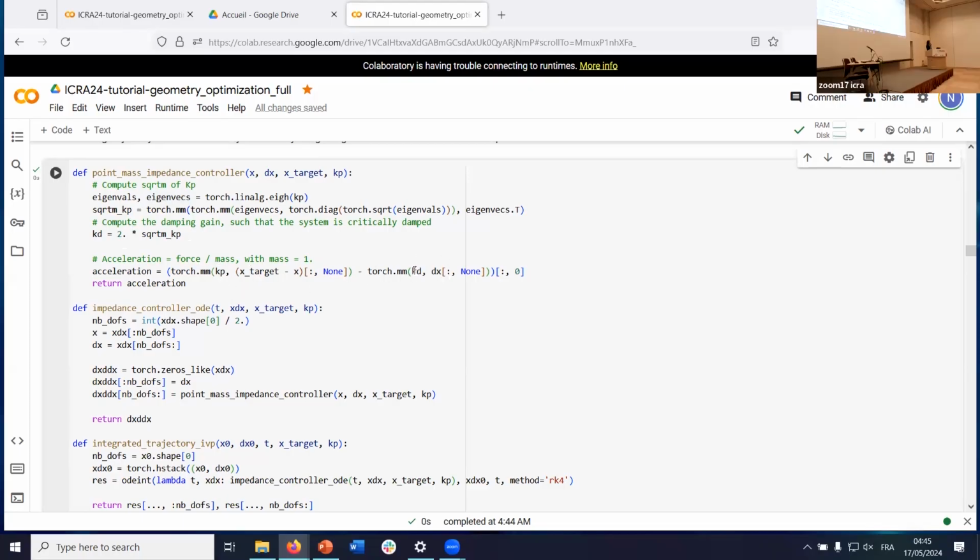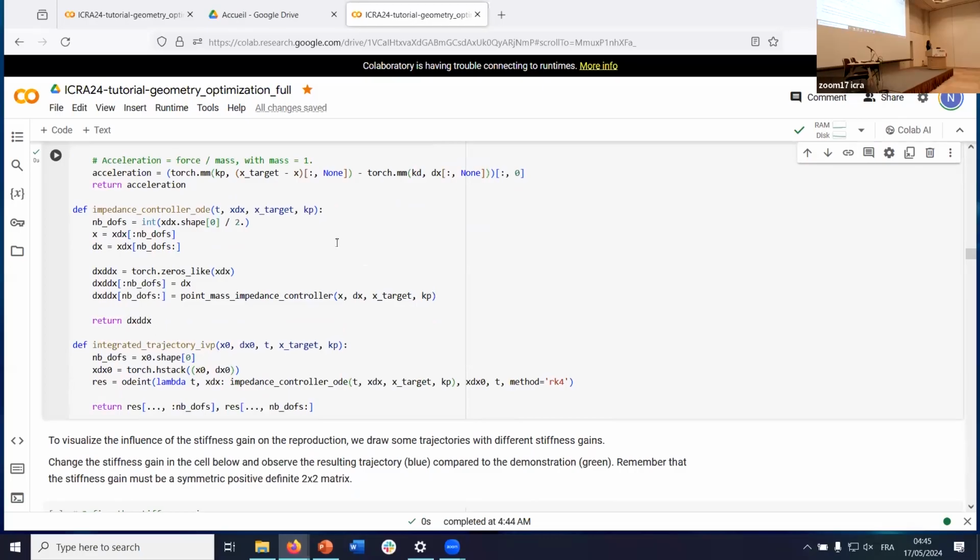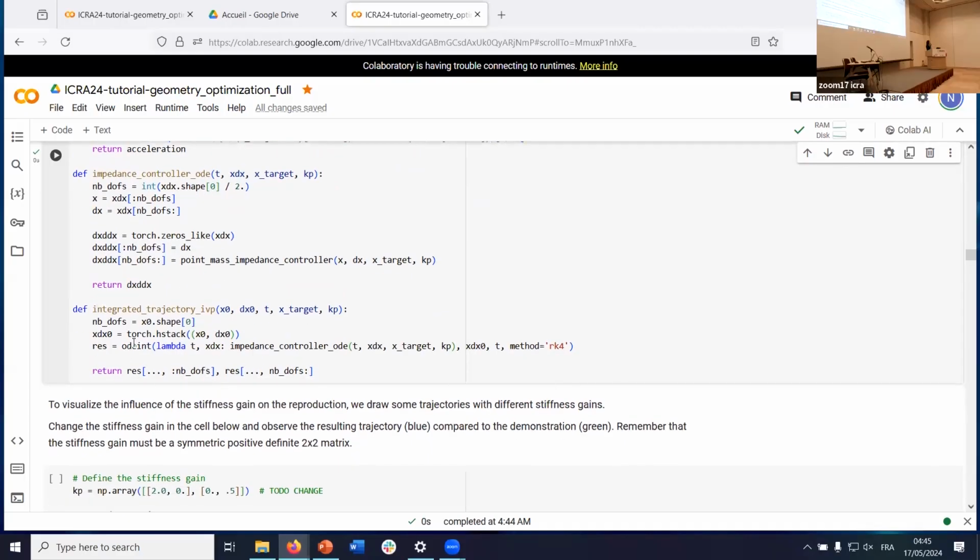Then we have the damping gain that we just computed above times the current velocity, and we return the acceleration. This function is just a utility function to implement this impedance controller as an ODE, and then we integrate the trajectory using odeint from torchdiffeq. This is really just numerical, nothing crucial for the Riemannian part.